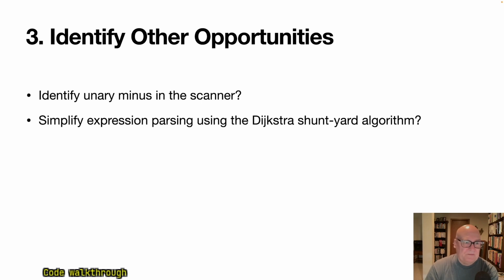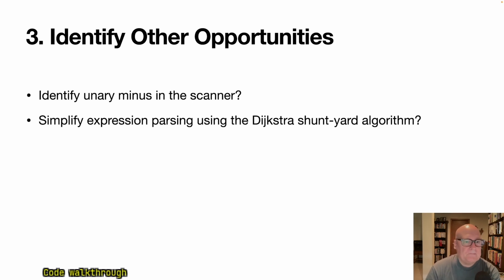A couple of years ago, I worked through a Dijkstra shunting-yard algorithm. It's an algorithm that handles precedence and associativity with a simple grammar rule, like expression goes to expression operator expression or something like that. And that algorithm could replace those 8 levels of grammar rules with a little table that says plus and minus are associative and lower precedence than times.